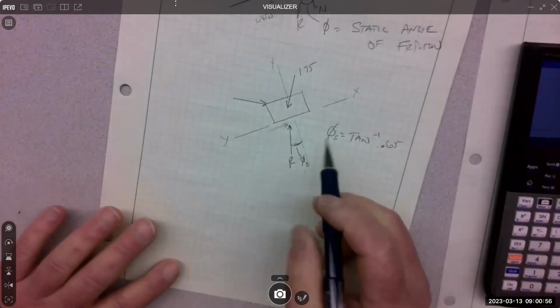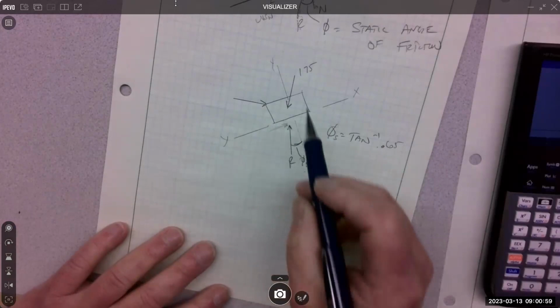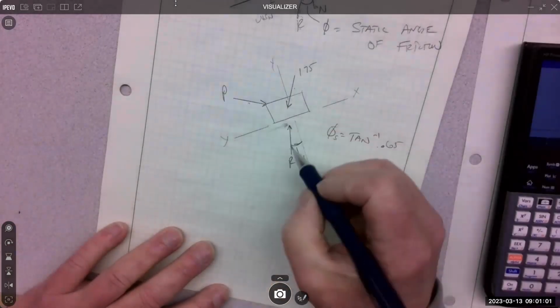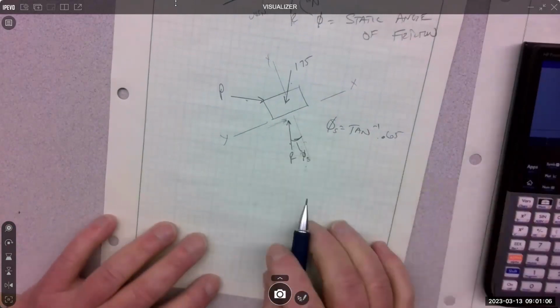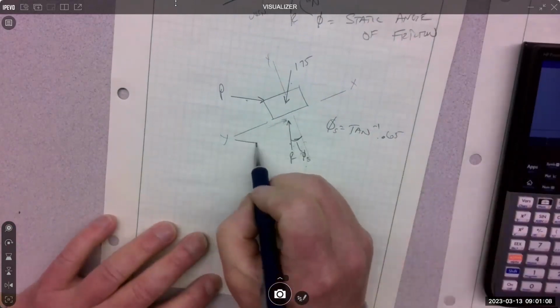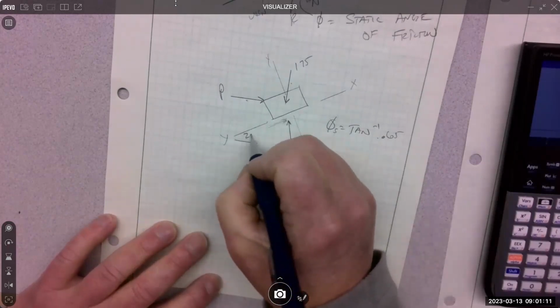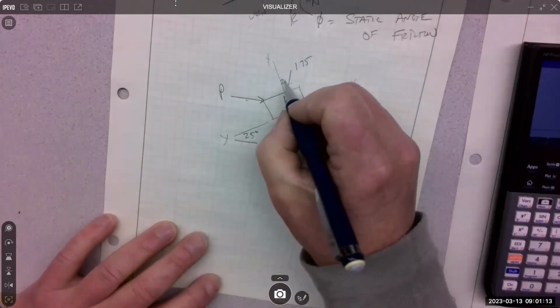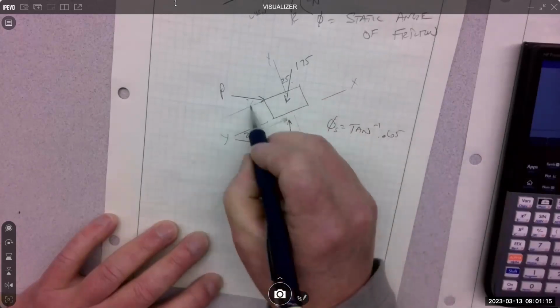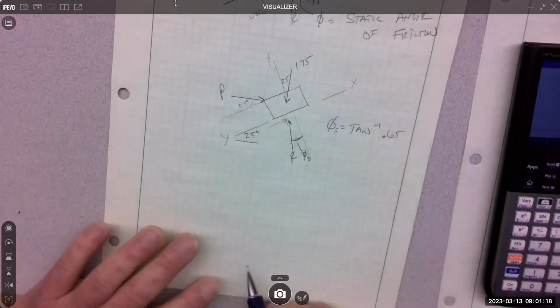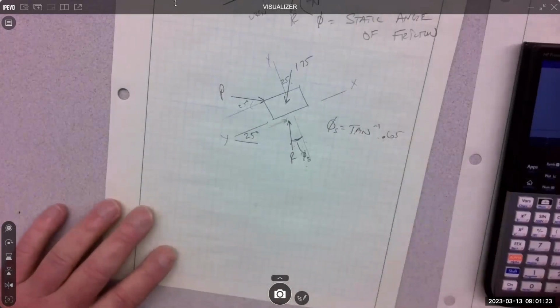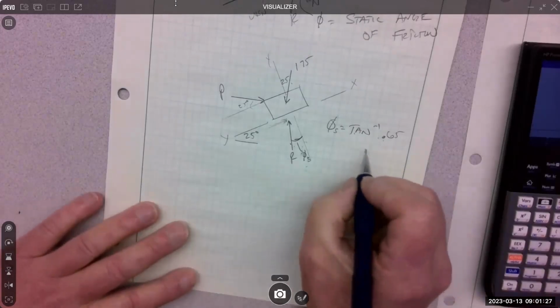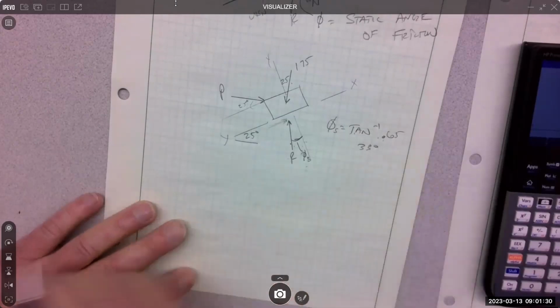So stay with me here because this angle becomes very important if you're going to make a force triangle between these three. If you don't know that angle, then you can't build the force triangle. 25 degrees here, 25 here, 25 here. This is tangent minus 1 of 0.65, inverse tangent, 33 degrees.